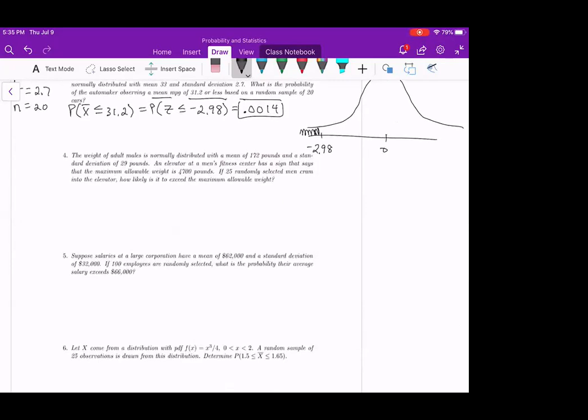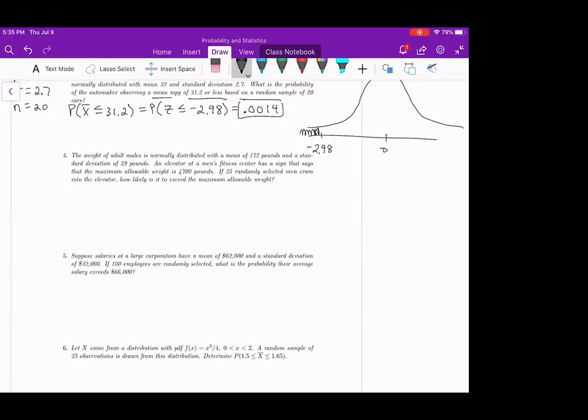which says the weight of adult males is normally distributed with a mean of 172 pounds and a standard deviation of 29 pounds. An elevator at a men's fitness center has a sign that says that the maximum allowable weight is 4,700 pounds. If 25 randomly selected men cram into the elevator, how likely is it to exceed the maximum allowable weight?